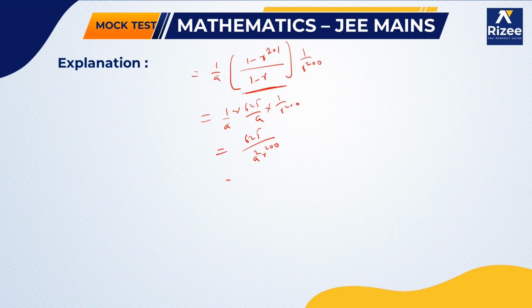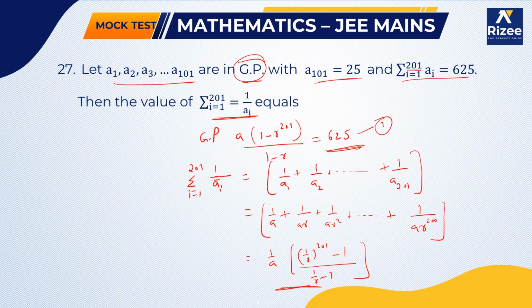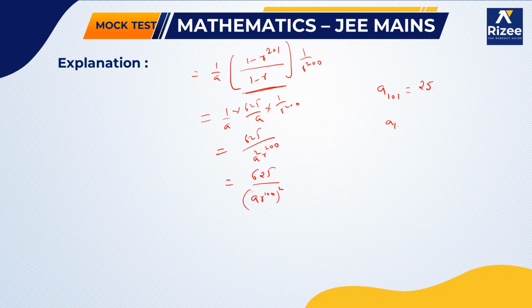So a101, how much is given? 25. a101 equals a r power 100. Substitute here 625 by 25 whole square equals 1.